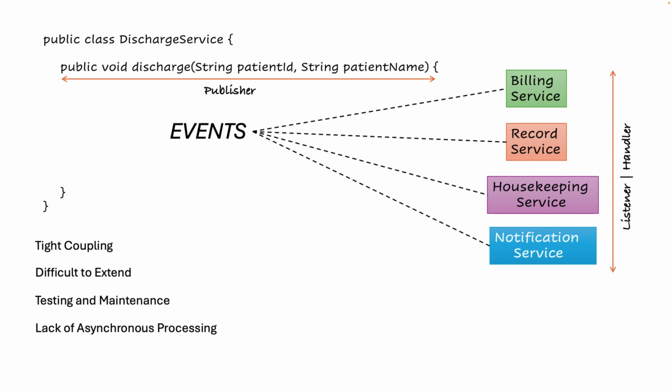Now what do you understand here? From this discharge method, rather than invoking the services, just publish an event. Try to picture this particular image in your mind so that it will help you design your Spring event based implementation. So rather than invoking the services from this discharge method, we want to publish an event.